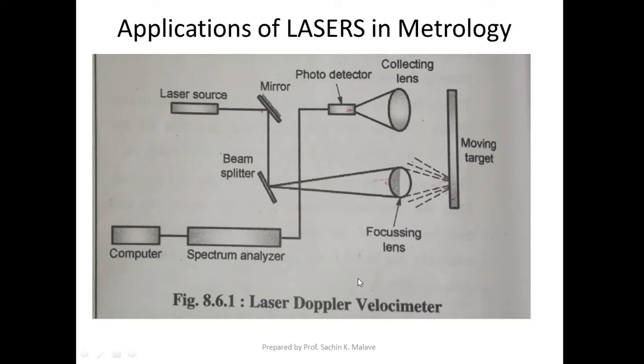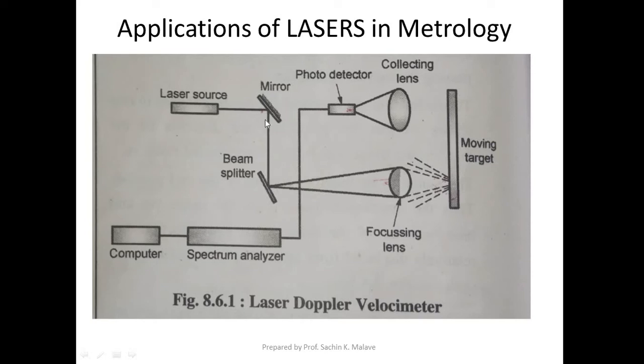Now let us see how it works. The laser beam is split into two beams of equal intensity with the help of this beam splitter. The laser is the source of light, and it will hit this mirror and be deflected towards this beam splitter.